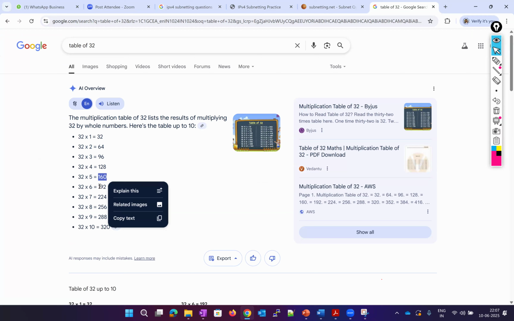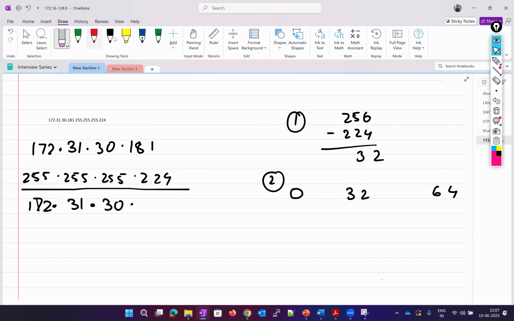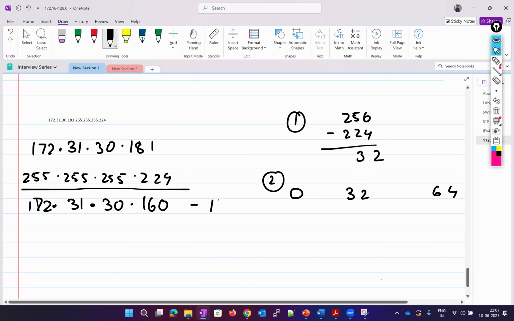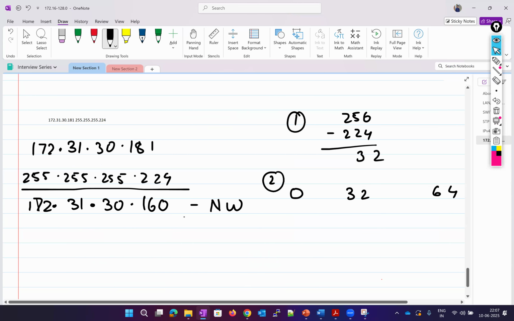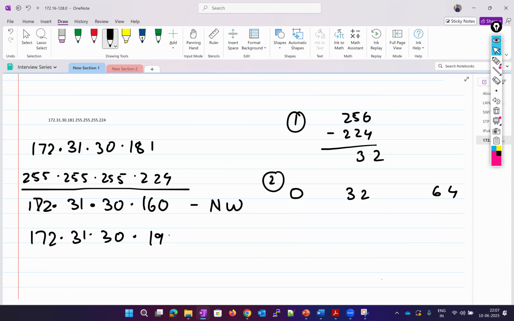Obviously, the lower number is going to be the network ID. And the broadcast ID is going to be 192 minus 1, one less than the larger number. So 172.31.30.191 is going to be your broadcast ID.